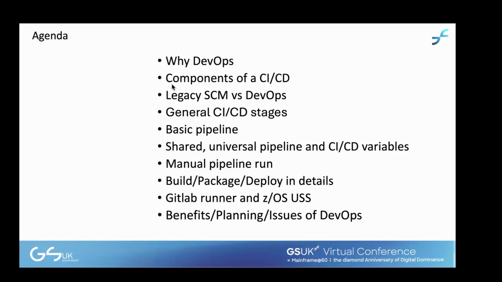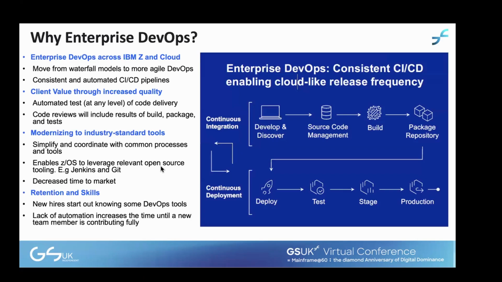We'll talk about other things regarding the CI/CD stages, the pipeline. We'll talk about how to develop a shared, more reusable, robust pipeline, which Greg usually calls a universal pipeline, using parameters and variables. Then we'll talk about how to run the pipeline manually and how to do a build and deploy. And then I'll wrap it up in terms of benefits, planning, some considerations and issues, and how to contact us. So that's what we're going to cover, and we're going to do it quickly because we're limited on time.